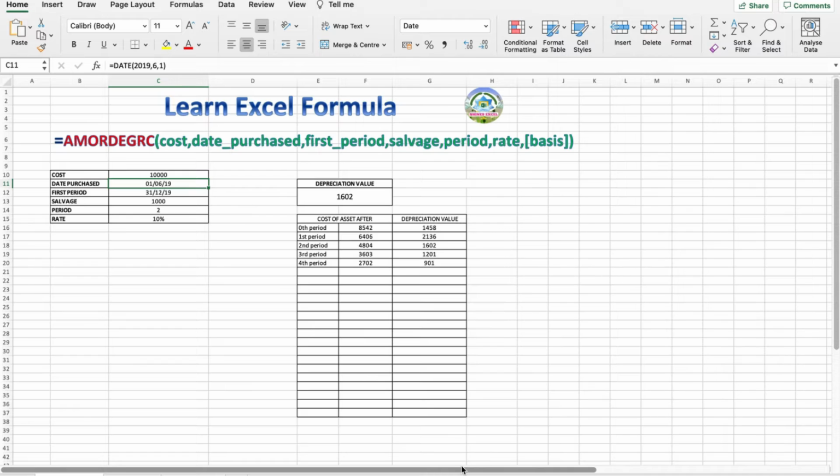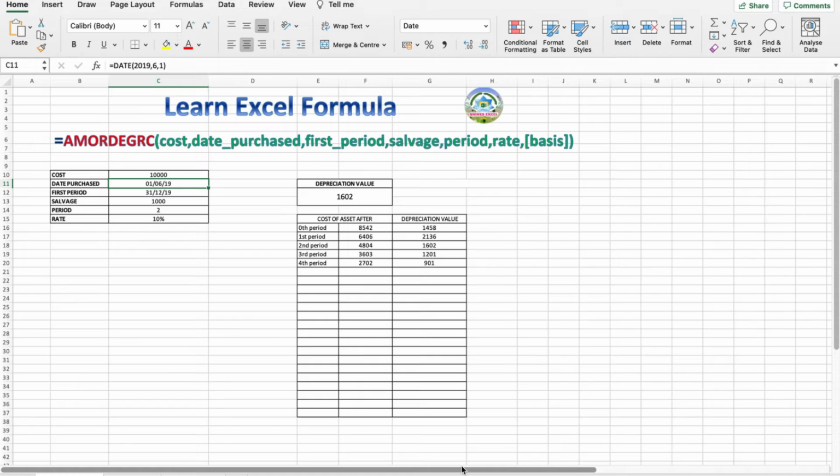Let's get started. When you observe the syntax, the first is the cost. Cost is the value of that particular item, for example, a car or a machinery, anything it may be. Cost is the value of the new product, which you paid to buy that product.